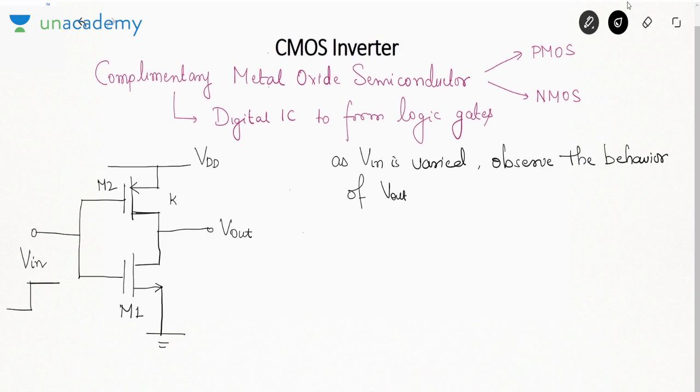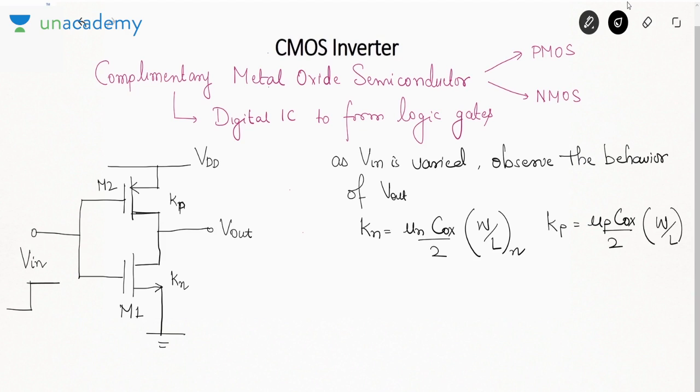It has a transconductance constant Kn, and the PMOS will have Kp. Kn is mu n Cox by 2 times W by L of NMOS, and Kp is mu p Cox by 2 times W by L of PMOS. I am not assuming that their aspect ratios are the same. I am assuming that their aspect ratios are different, so I am dealing with a very general case.